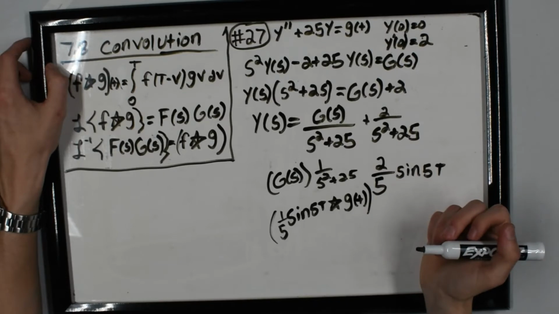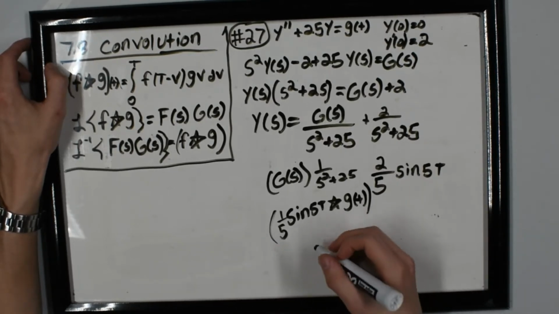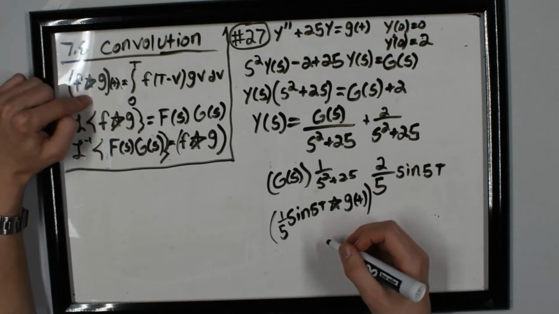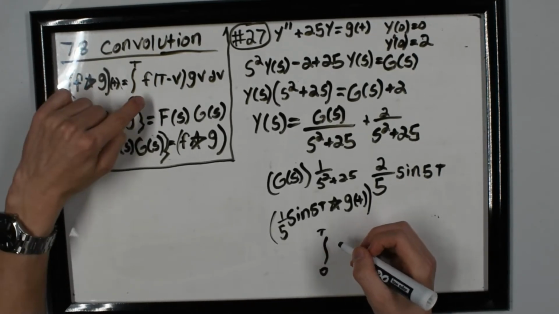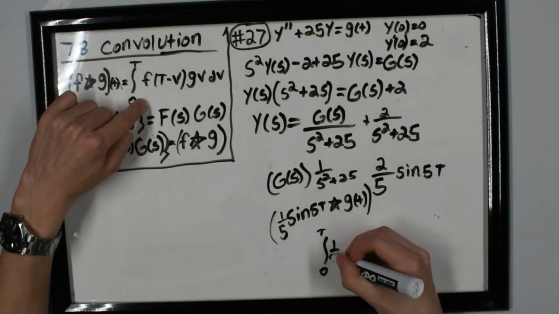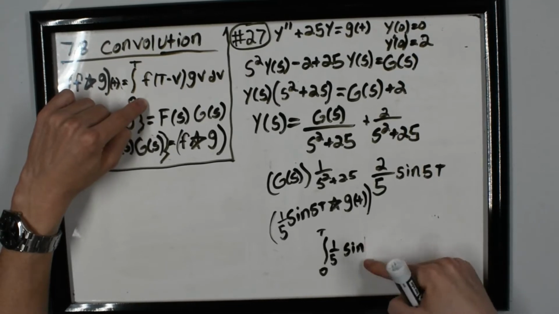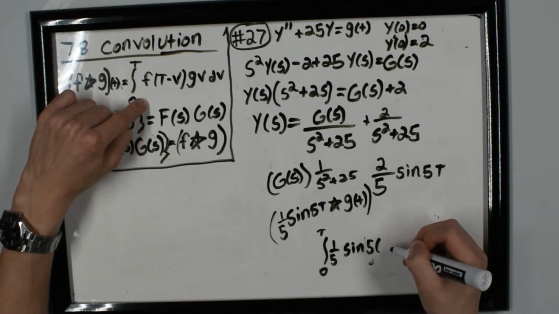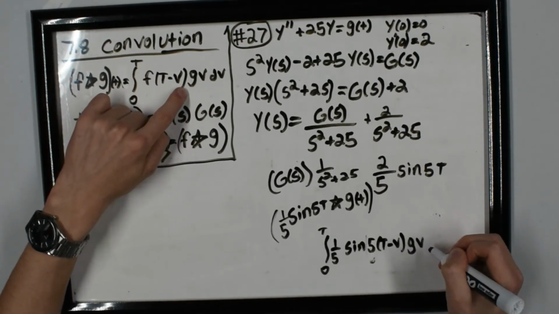And then that, of course, is equal to this formula. So we're going to have the integral from 0 to t of f of t minus v, so 1/5 sine of 5 times, instead of t, t minus v, g of v dv.